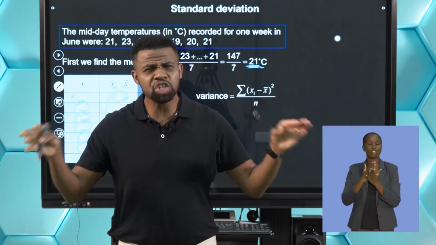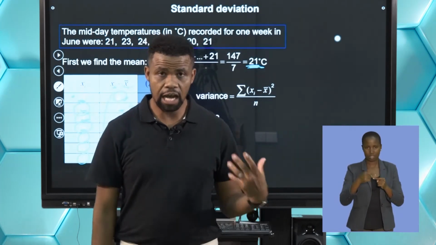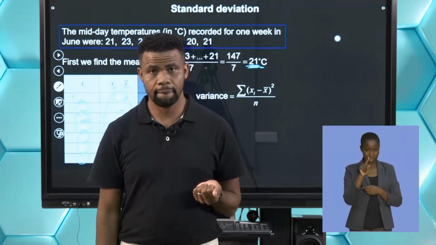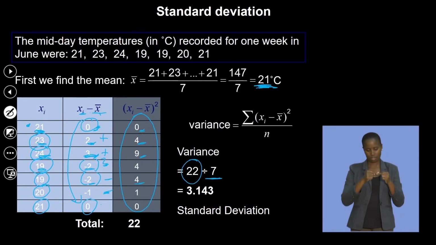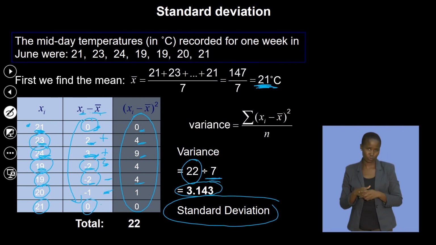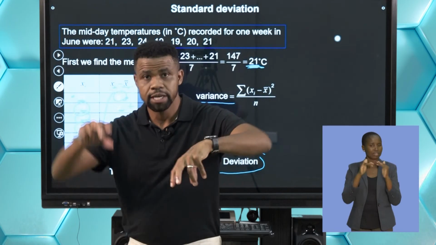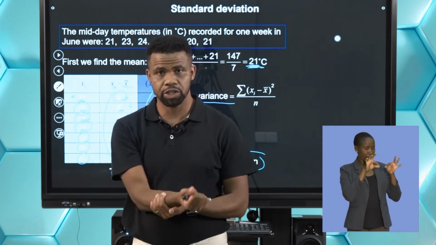The average deviation from the mean, that's our standard deviation. Okay, fantastic. So this is the variance, not the standard deviation. We have calculated the variance. To calculate the standard deviation, we have to take the variance and square root it to get the standard deviation.